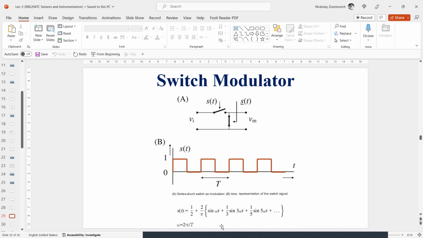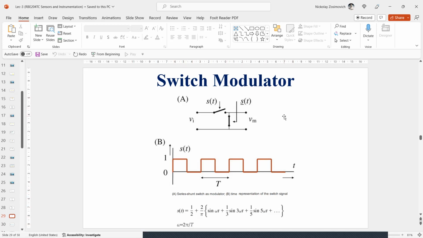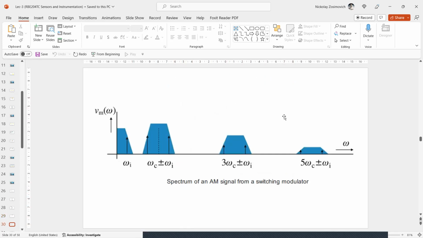For our sinusoidal input signal with frequency omega, consider each of the components of S(t). This modulation method produces a large number of sideband pairs positioned around odd multiples of the carrier frequency: omega, 3 omega, 5 omega, and so on, as you can see here.